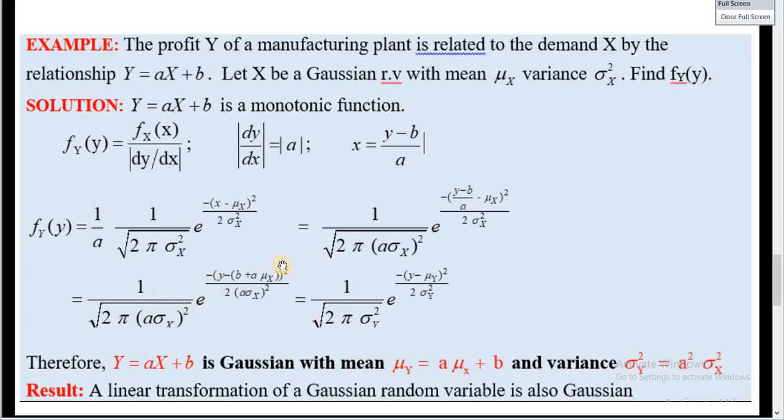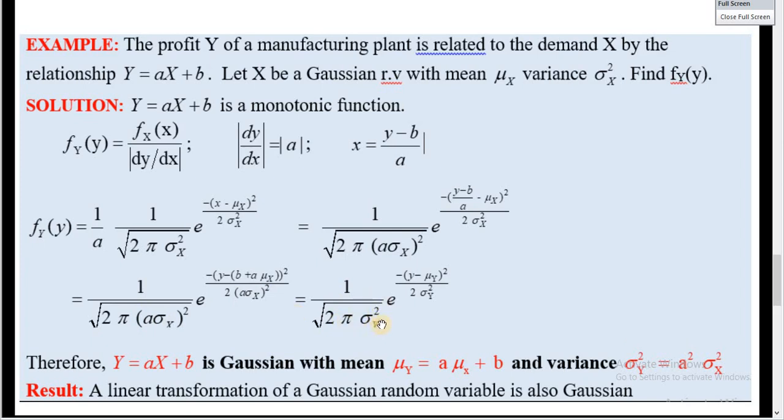This is the same as e to the minus (y minus b minus a mu x) all squared, all divided by 2, and this a squared goes down with sigma x squared, and it can be written in the form 1 over square root of 2 pi a sigma x squared.